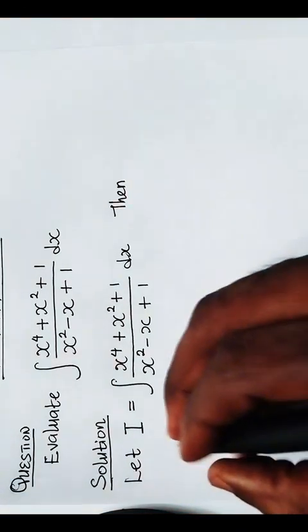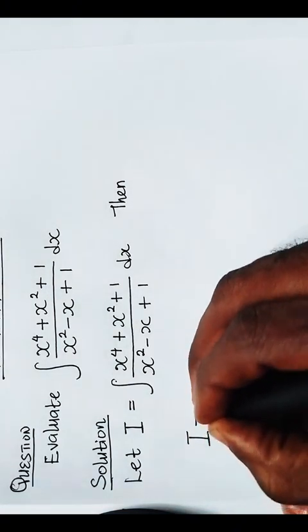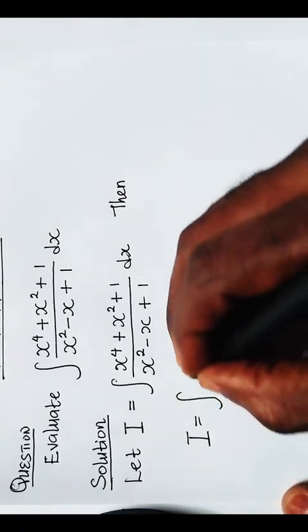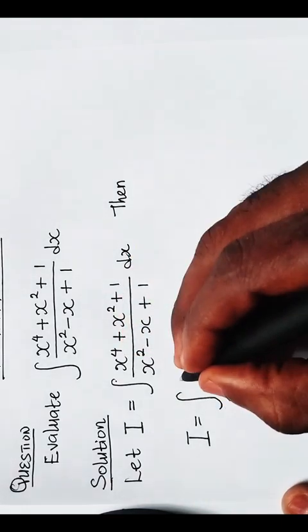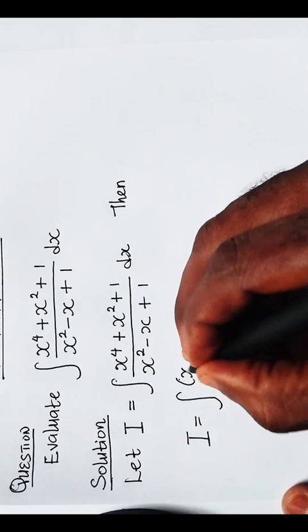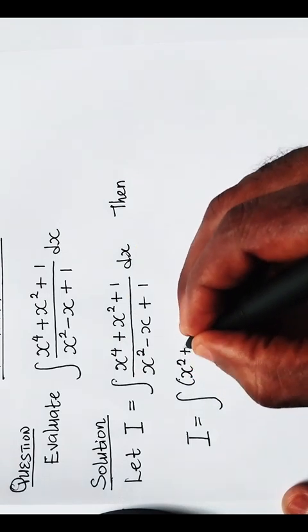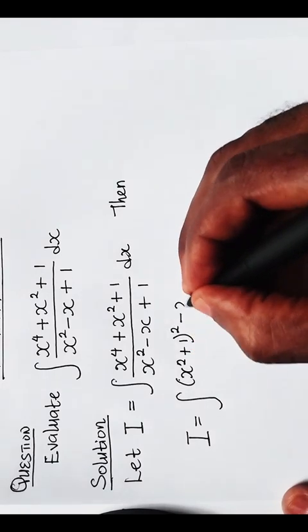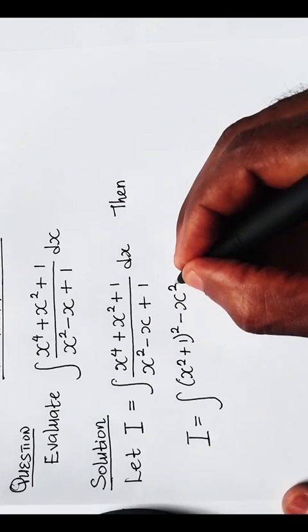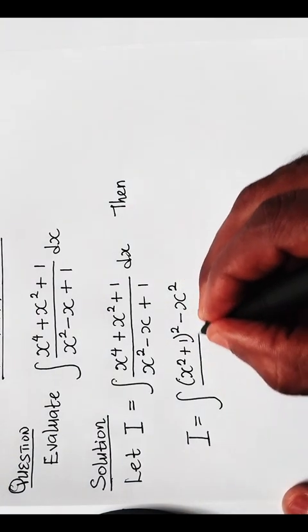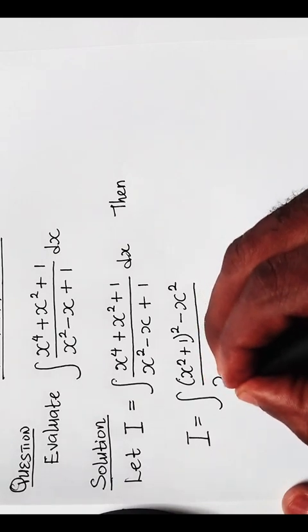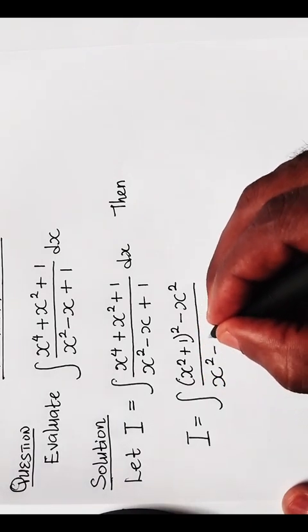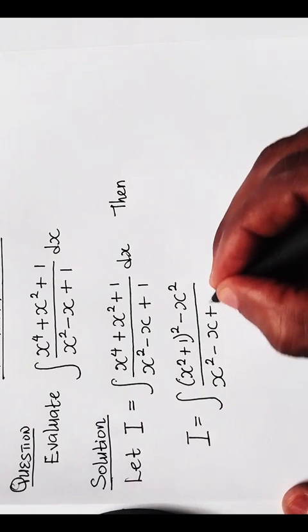From quadratic equation, we know that we can write this as the integral of (x^2 + 1)^2 - x^2 all over x^2 - x + 1.